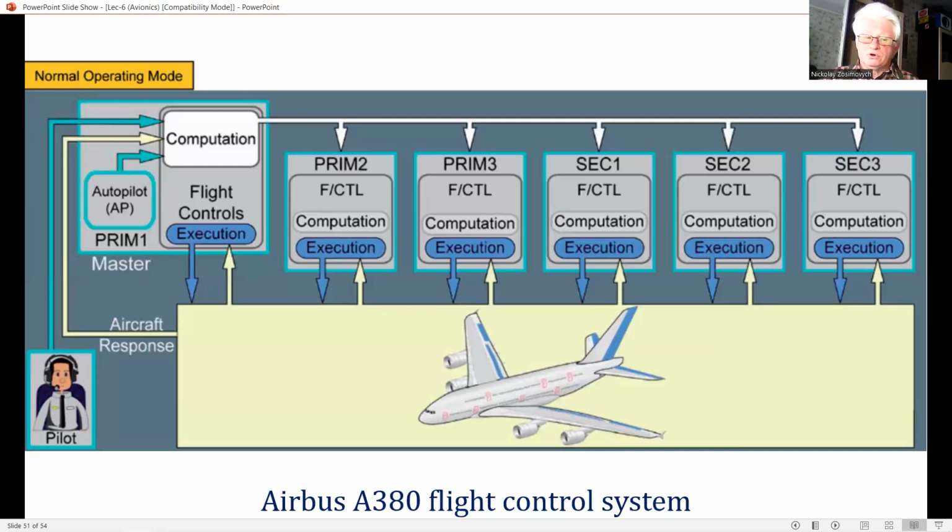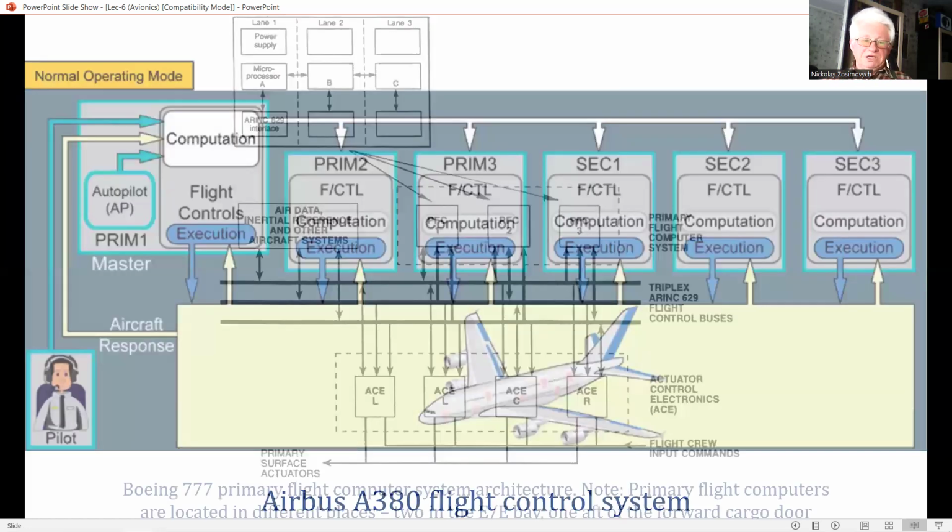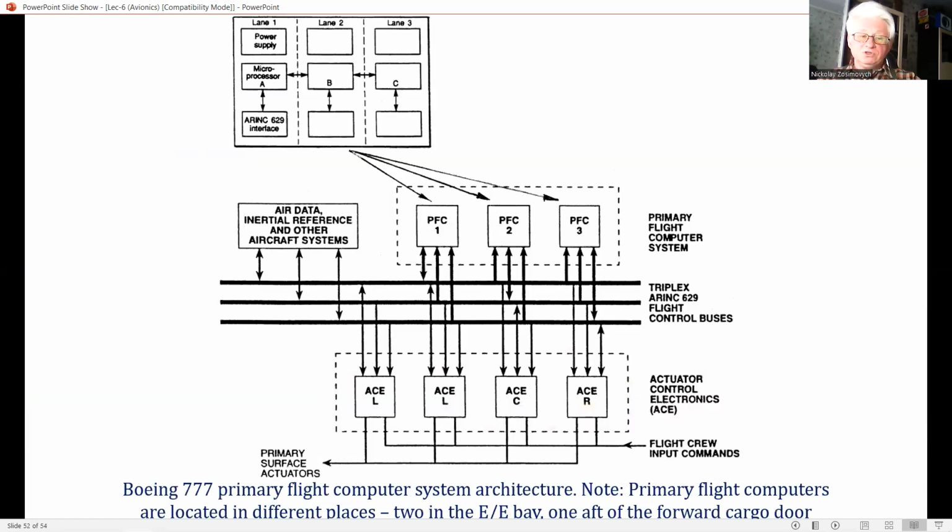The backup control module controls and monitors the inboard elevators, the THS, the inboard ailerons, and the upper and lower rudder. Specific control laws apply whenever the electrical backup is active and provide pitch motion damping, yaw damping, and roll control. The THS can also be controlled from trim switches located on the pedestal.